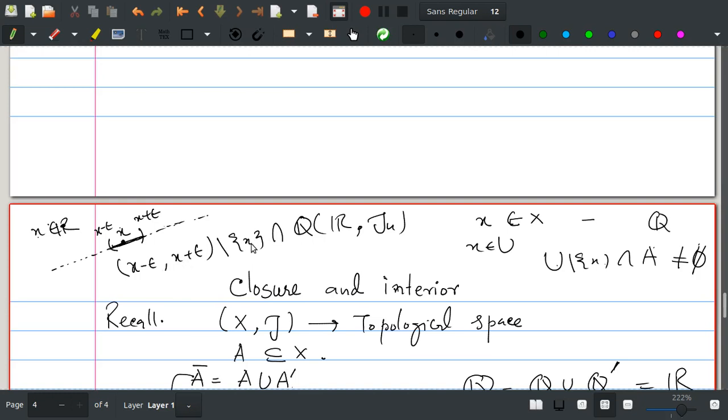So if we remove x, the intersection is still non-empty. That means this x is a limit point of Q. Now this x was chosen arbitrarily, so any real number is actually a limit point of Q.